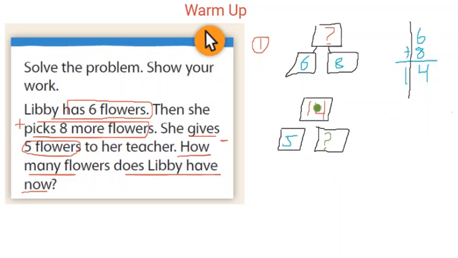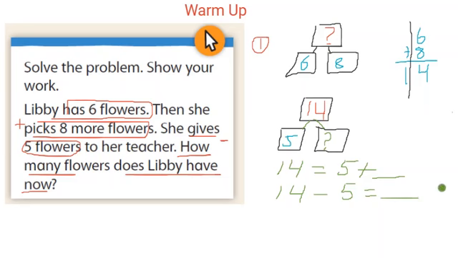So we know that this whole, 14, is equal to 5 plus that unknown. I'm just going to do a line like that. Or we can subtract this 5 from each side. So we can say 14 minus 5 equals that unknown.